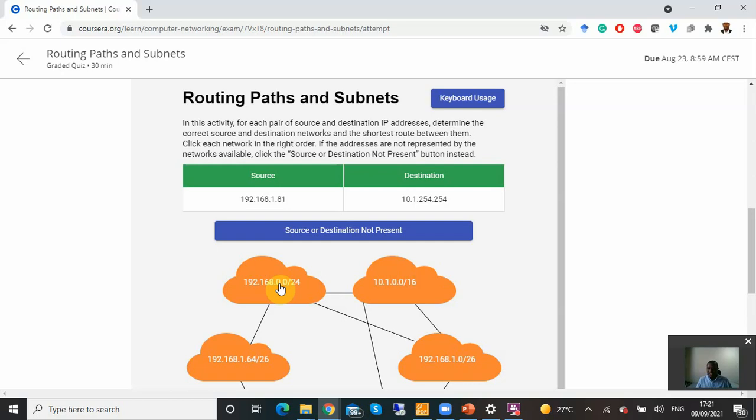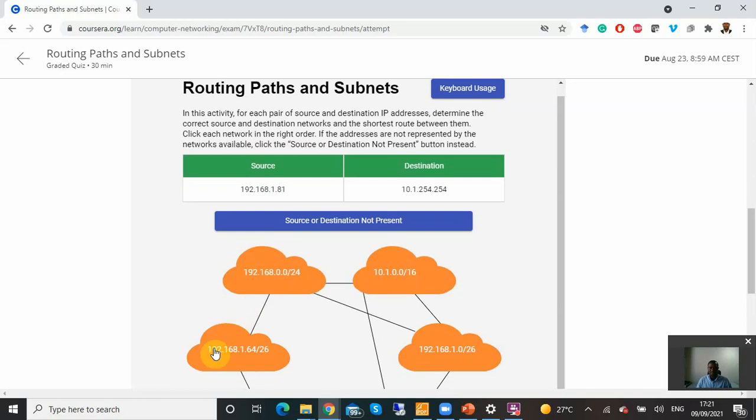It means the corresponding network addresses are not yet complete in this one. Let's check the second one. 192.168.1.